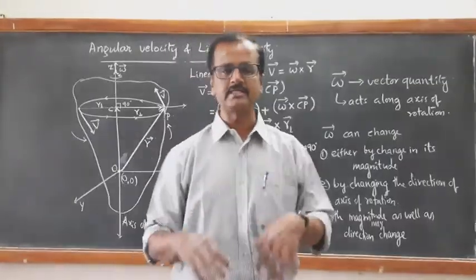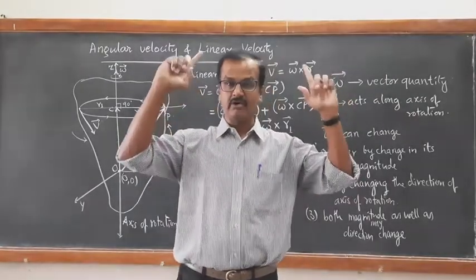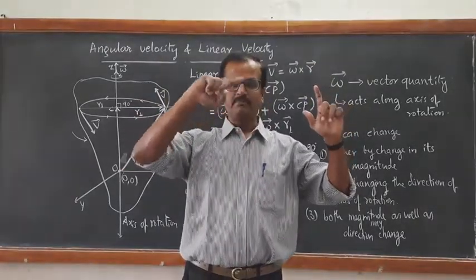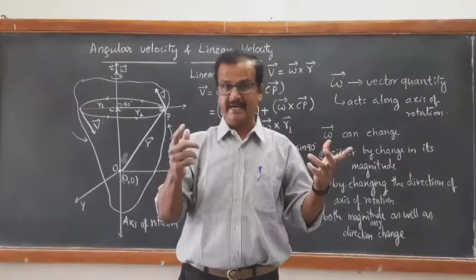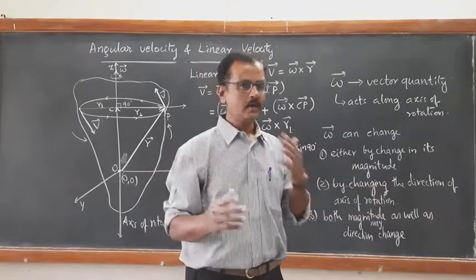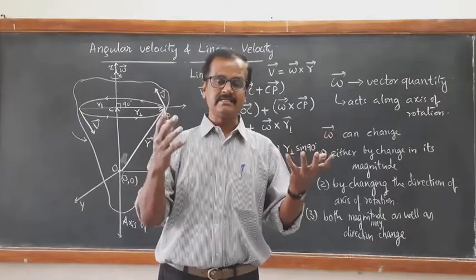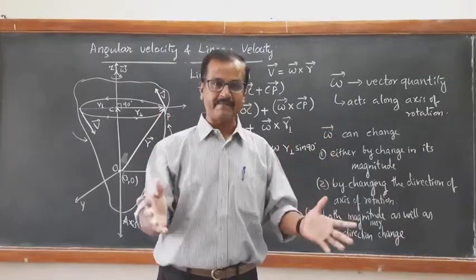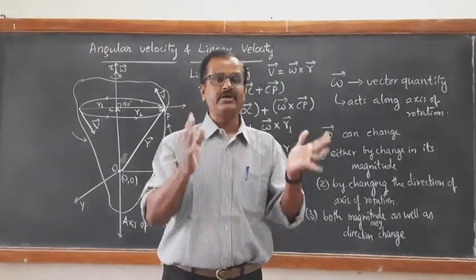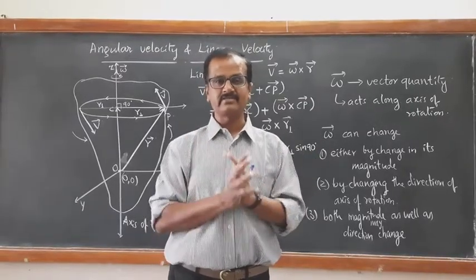Then what happens when there is a change of angular velocity? Recall the motion of an object in a plane. When an object changes its linear velocity with respect to time, we call it acceleration. In the same way, when a rotating rigid body changes its angular velocity with respect to time, either by magnitude or by direction or by both, we call it angular acceleration.